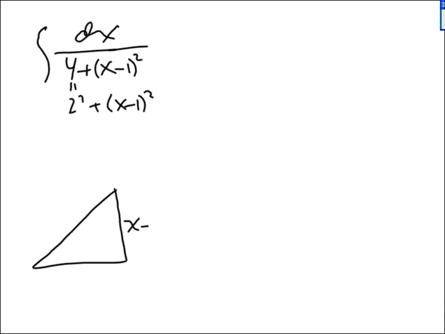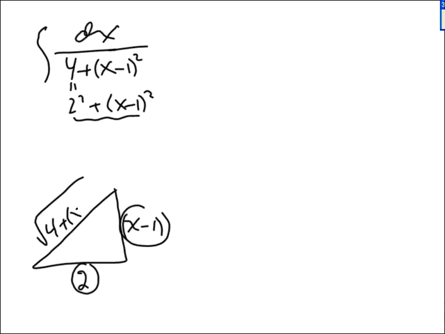I'm going to call this x minus 1. I'm going to call this 2. 2 squared plus this squared. Well, that's exactly what the bottom is. That's going to equal the square root of 4 plus x minus 1 squared. This squared is 4 plus this squared is x minus 1 squared.